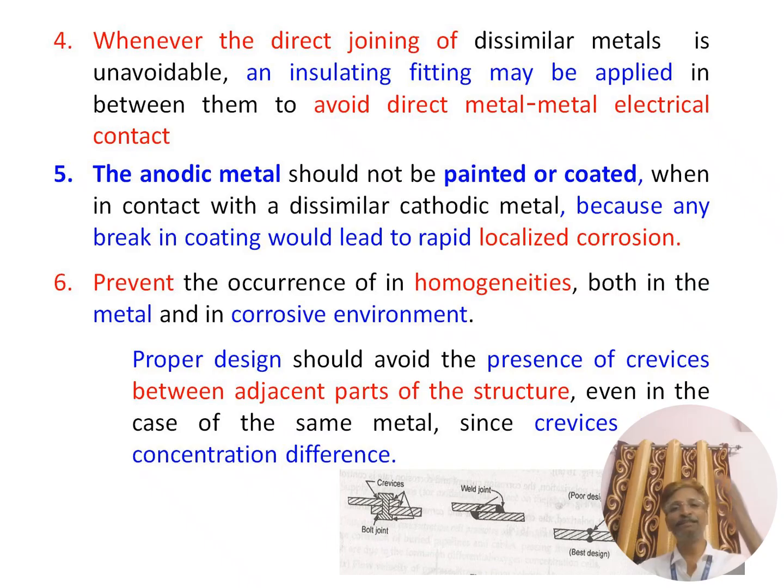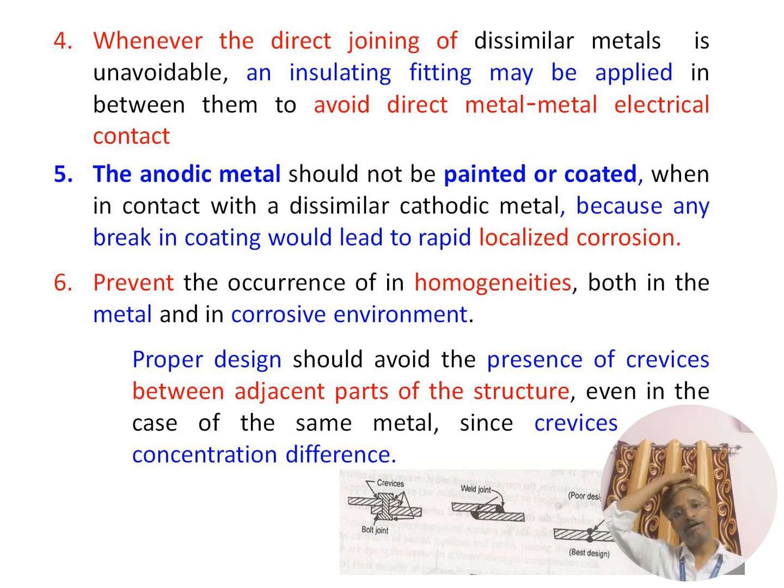In design aspects, most importantly, the anodic metal should not be painted or coated. Very, very important. Only the cathodic metal should be painted or coated properly, because any break in the coating would lead to rapid localized corrosion. So the anodic material should not be painted or coated.